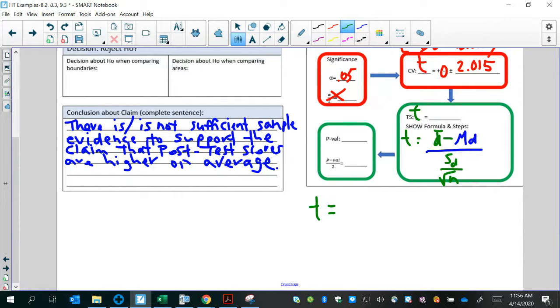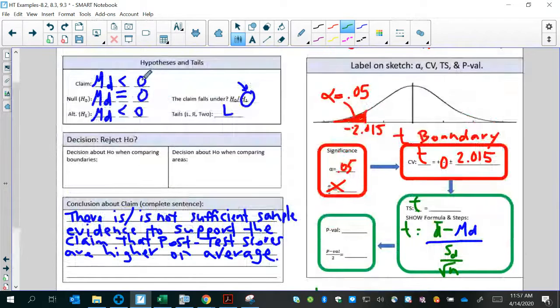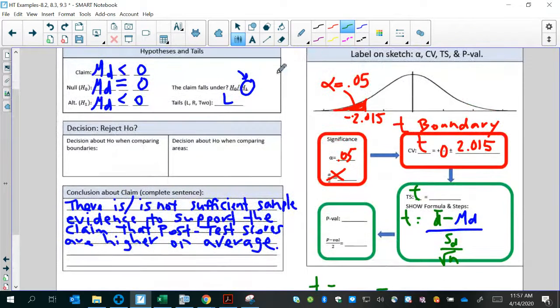So we need to calculate d bar in order to fill in the rest of this, right? We can put in the claimed mean. So there's a few things we can put in here. All right, so the claimed mean is 0 from the null hypothesis.